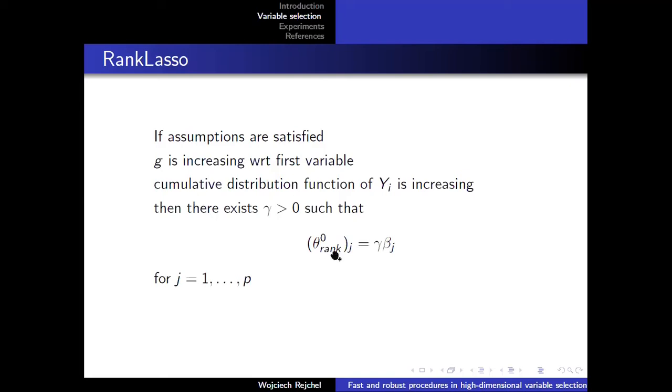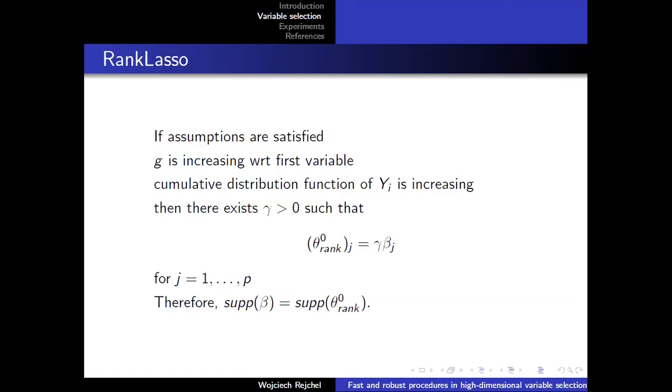The parameter that I estimate is on every coordinate proportional to the parameter that gives me relevant variables. So again, using the procedure which is based on ranks, I am able to find the relevant variables in the model. So using these two procedures, I am able to find the relevant and irrelevant predictors in my model.